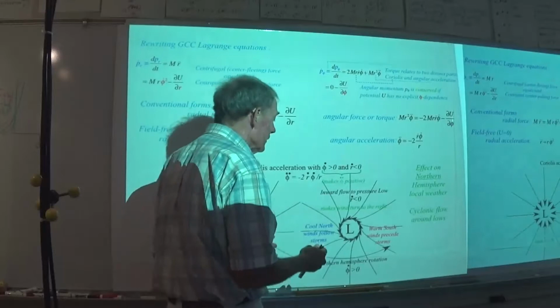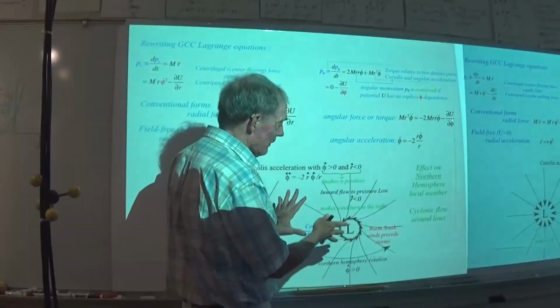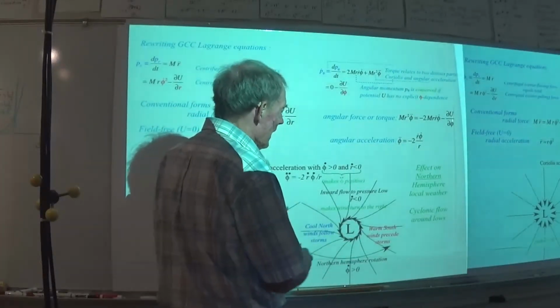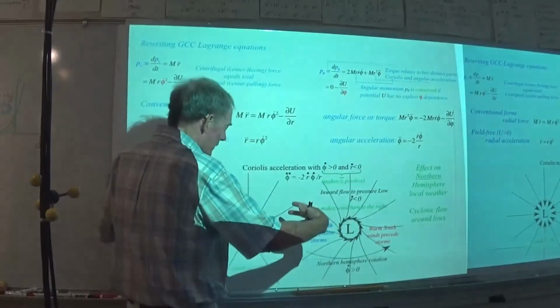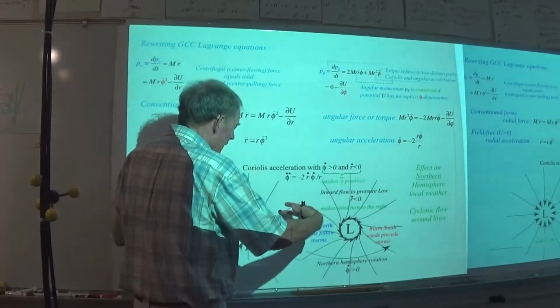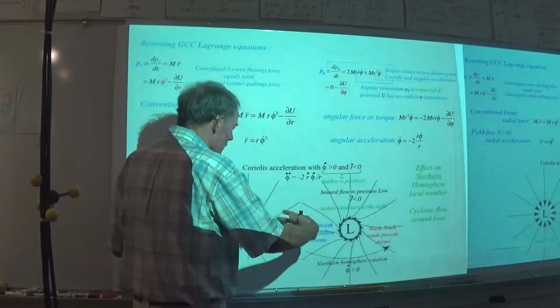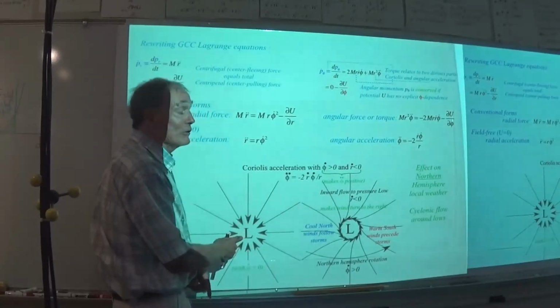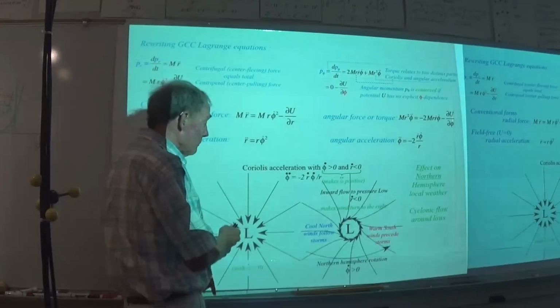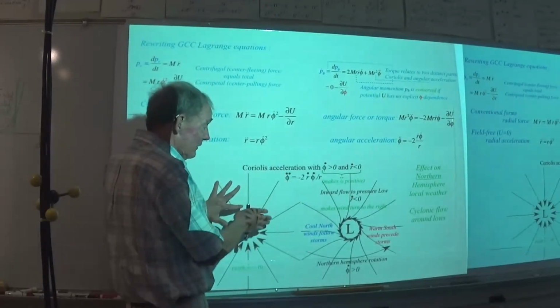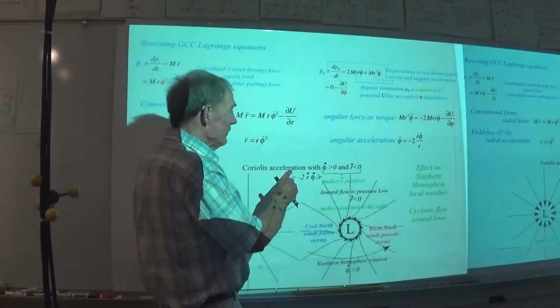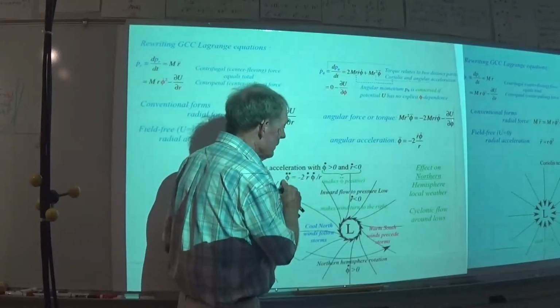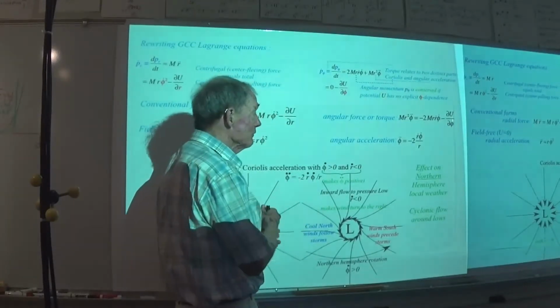Now here's the deal: you get a low pressure area anywhere, and the atmosphere suddenly says, "Hey, there's something going on here. We got to go for it." We've got stuff pushing on us, a low pressure region. Well, when that low pressure region starts to bring the air in, this is the equation telling you what's going to happen to your phi dot.